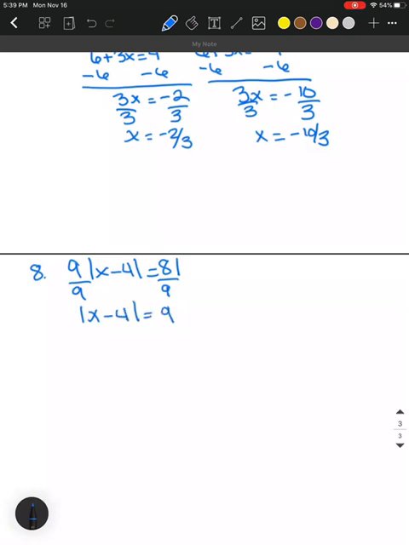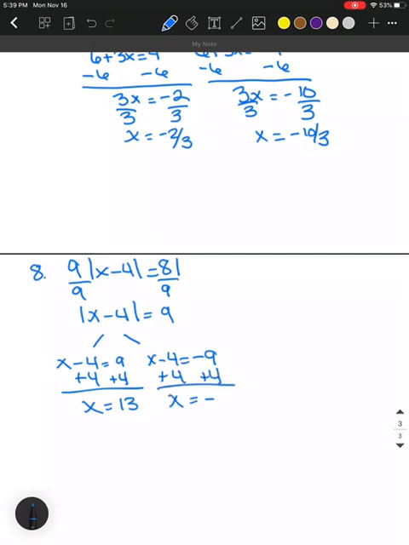It's isolated. After here, we're going to separate it into two parts. We have x minus 4 is equal to 9, and we have x minus 4 equals negative 9. And now I'm just going to solve by adding 4. We have x is equal to 13. Add 4 to the other one, and we have x is equal to negative 5. So those are the absolute value equations.